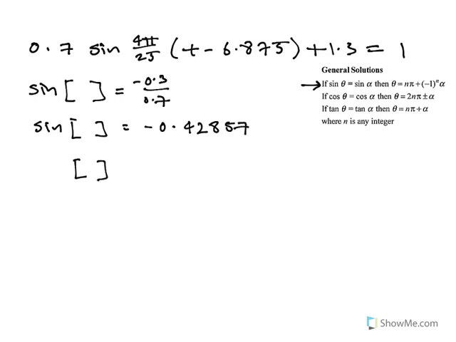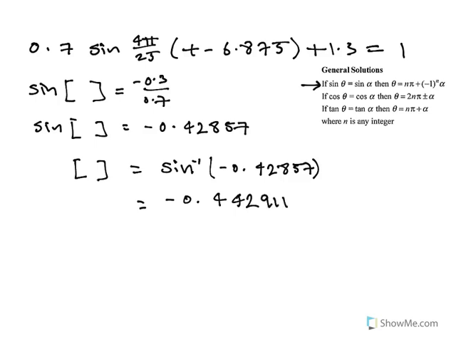So that value, which of course we'll be calling theta, is equal to the inverse sine of negative 0.42857, which is negative 0.442911. I might be overdoing it a little with my decimal places, and that's my principal value alpha.